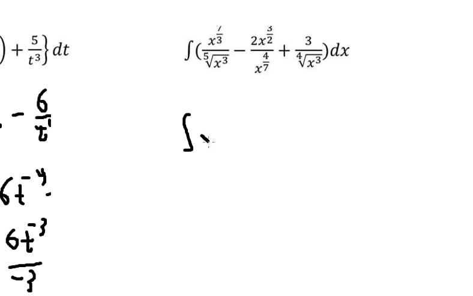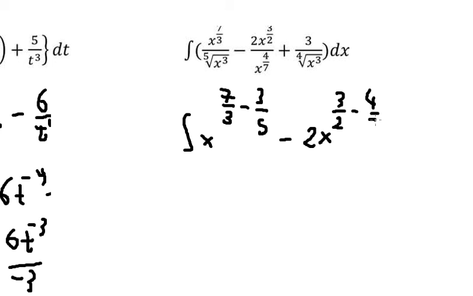This one we got about s to the power of 7 over 3 minus 3 over 5. We have 3 over 2 minus 4 over 7. And we have 3s to the power of negative 3 over 4.